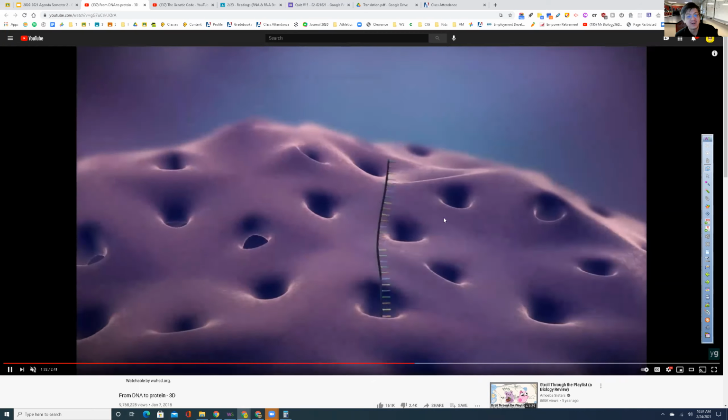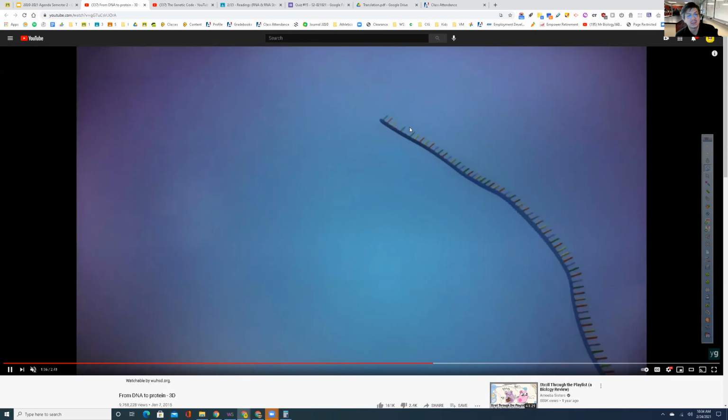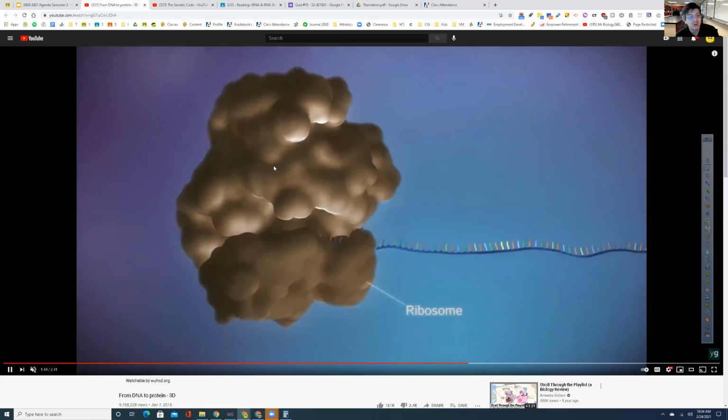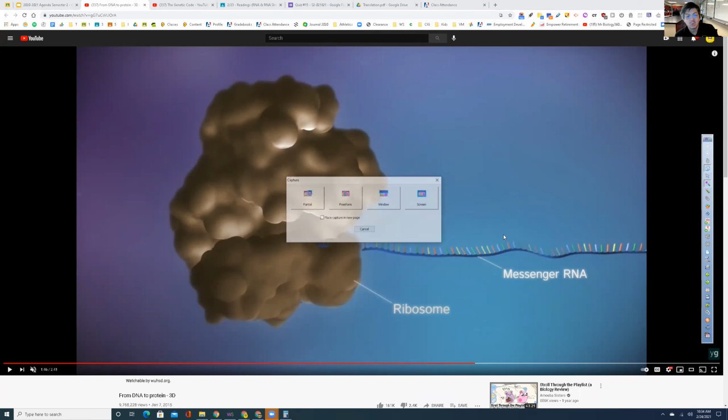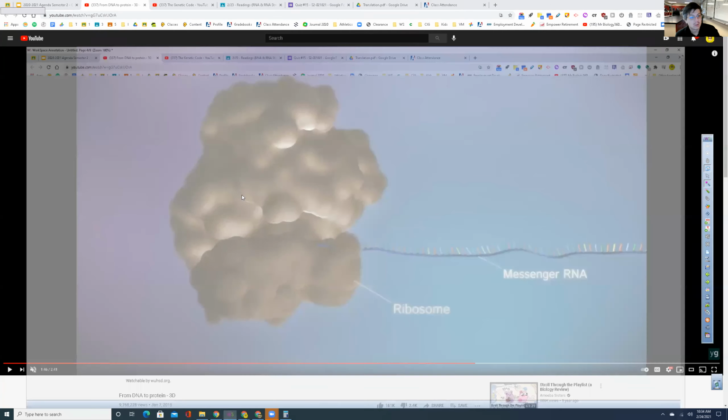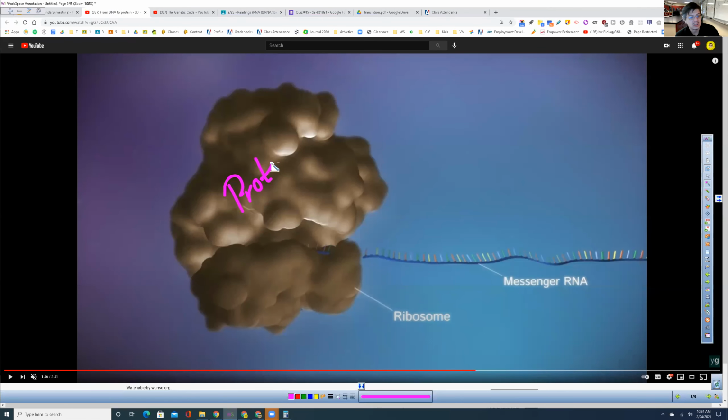And then that final mRNA goes out of the nucleus to a ribosome, and the ribosome is going to grab onto it. And now we have our protein factory that we talked about.